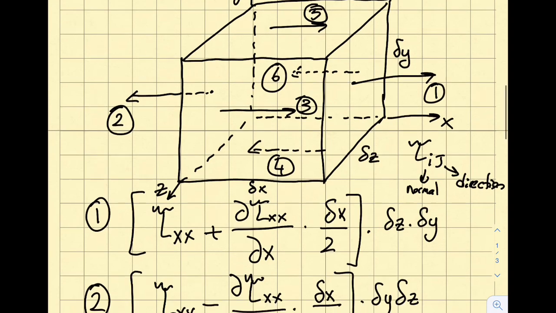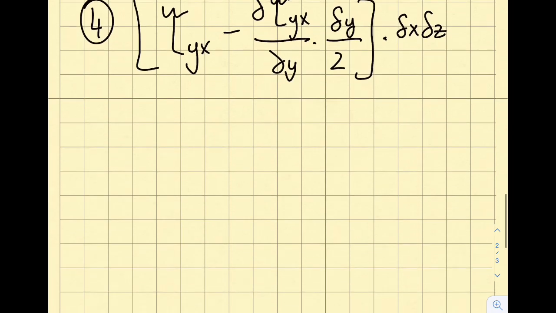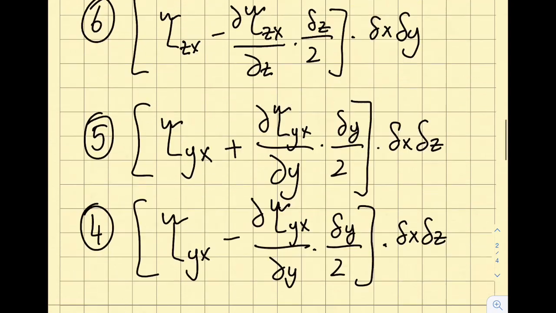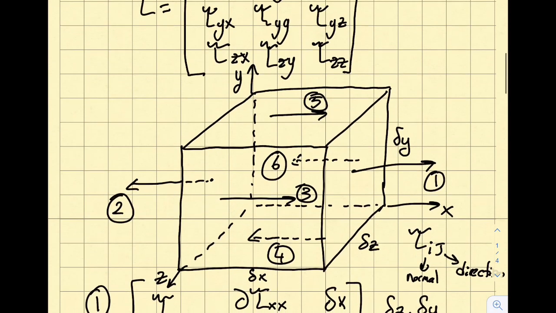Now, if you remember, I want to obtain the summation of total surface forces. So let's call this F surface. Let me see which pairs I am going to subtract for the net. The way that I define it, it's going to be 1 minus 2, because 1 is in the positive x direction and 2 is in the negative x direction.